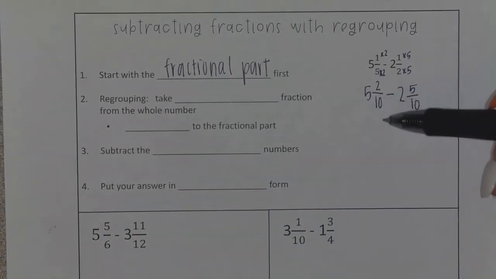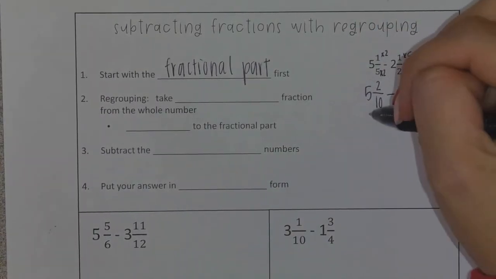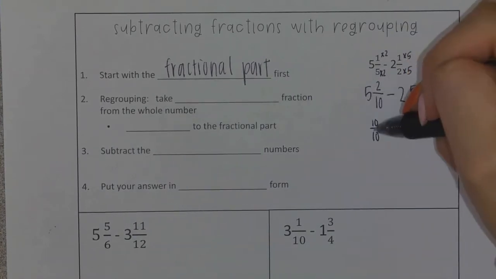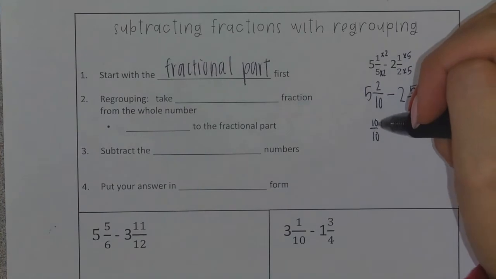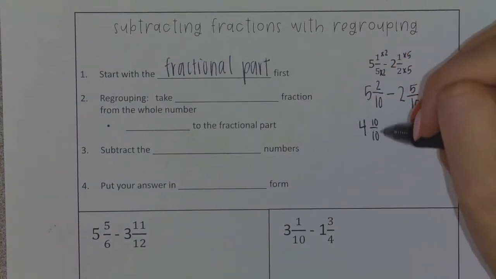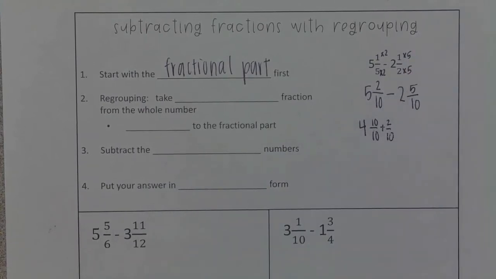So one whole amount, when I have a denominator of 10, would look like the fractional part of 10 over 10. So that's what I'm taking away from 5. So if I take away one whole amount, that's going to give me 4. I have 10 over 10, but I still have that 2/10 that I have to add to it.